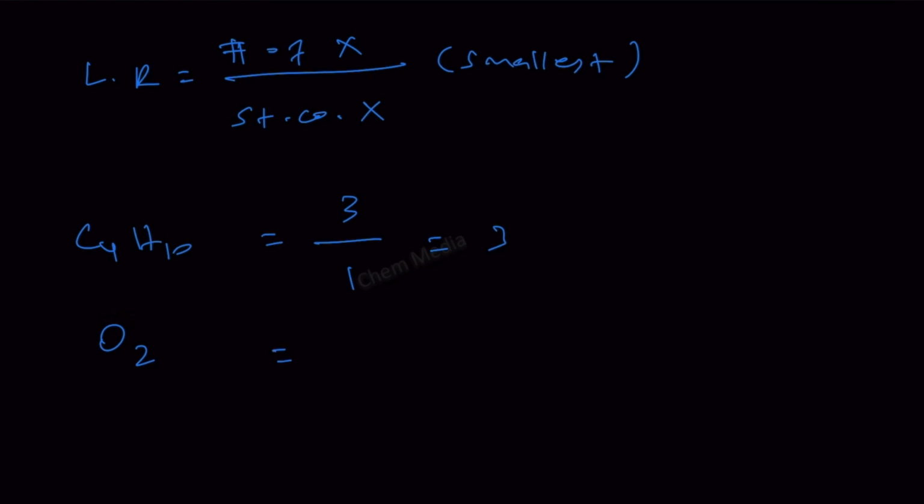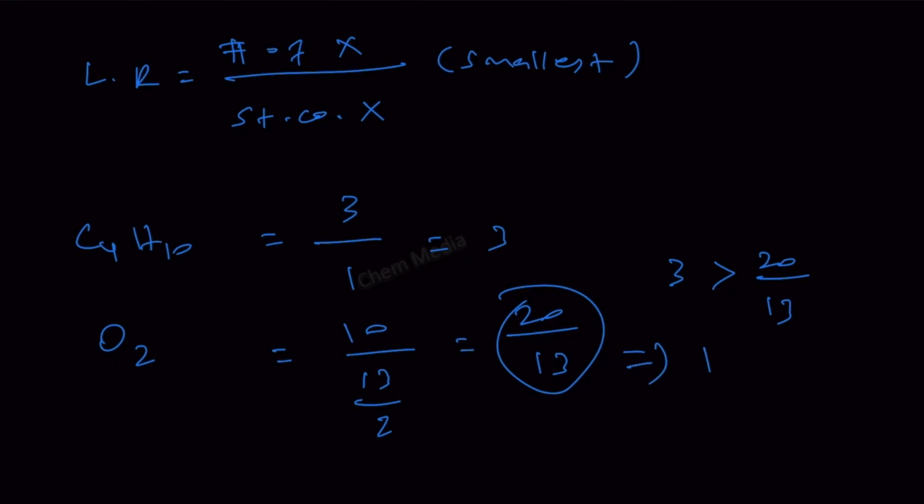For O2, we found 10 moles. Stoichiometric coefficient is 13 by 2. So, therefore, when the 2 goes up, it would be 20 by 13. So, obviously, 3 is greater than 20 by 13 because this will be somewhere around 1.5 something. So, therefore, which one will be the limiting reagent? The O2 is the limiting reagent here.